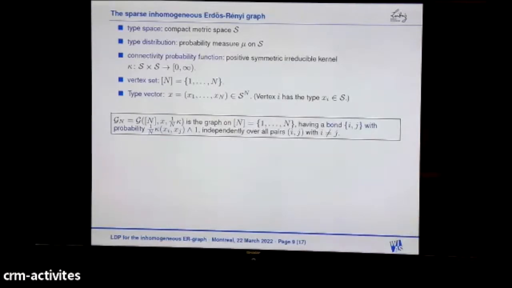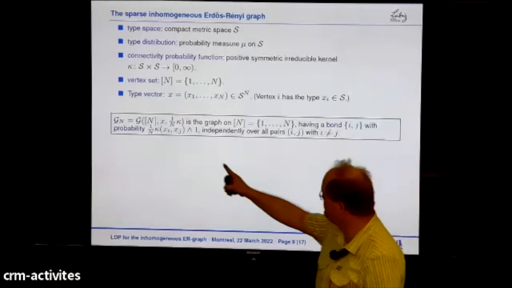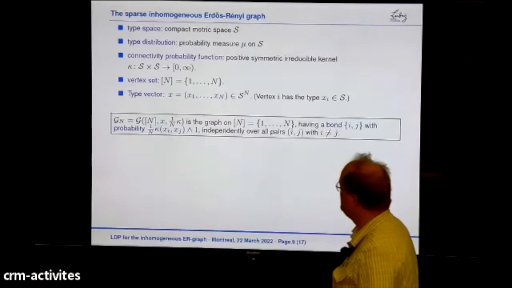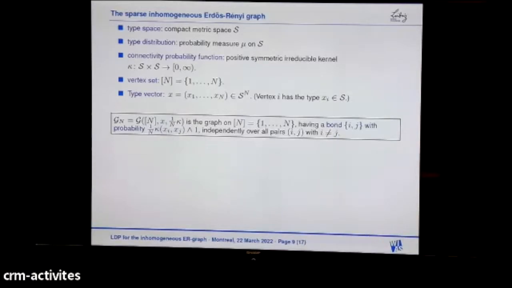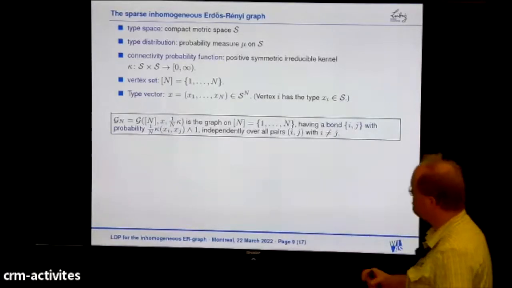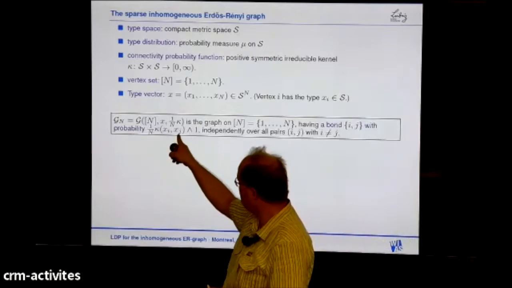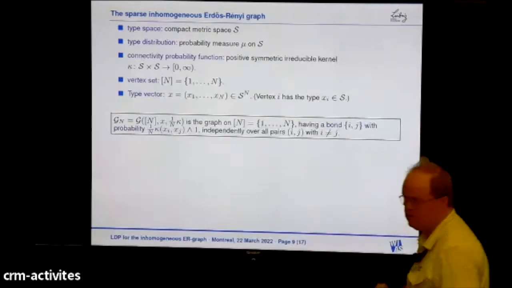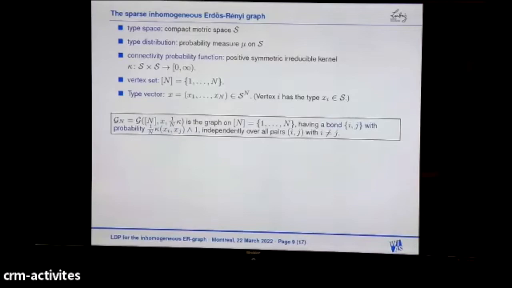So x of 1 is A, x of 2 is B, and so on. And Gn is now the graph having a bond ij with probability kappa of xi, xj divided by n, independently over everything. This is the inhomogeneous random graph.